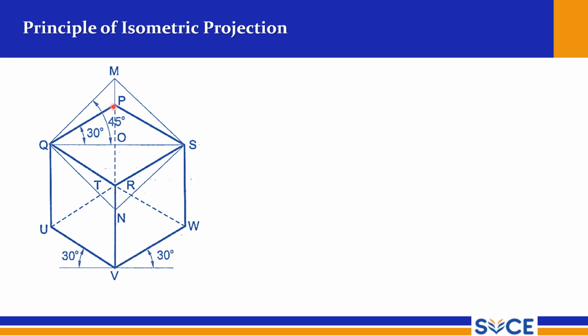Now this cube is arrived at where the diagonal of the cube is kept perfectly perpendicular to the ground. In that way, if you keep the cube, you will get this shape, whereas these three lines, which are invisible edges, will meet at the center, right, with the visible three edges.